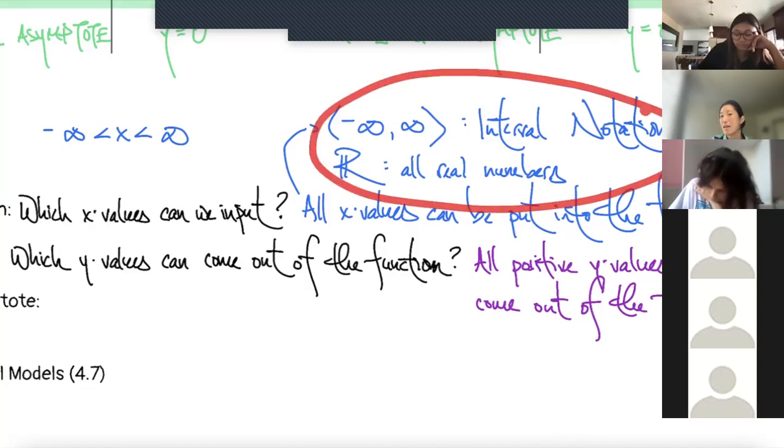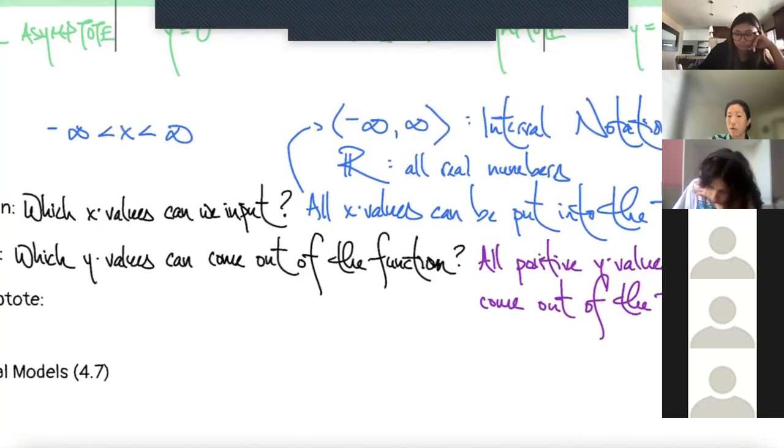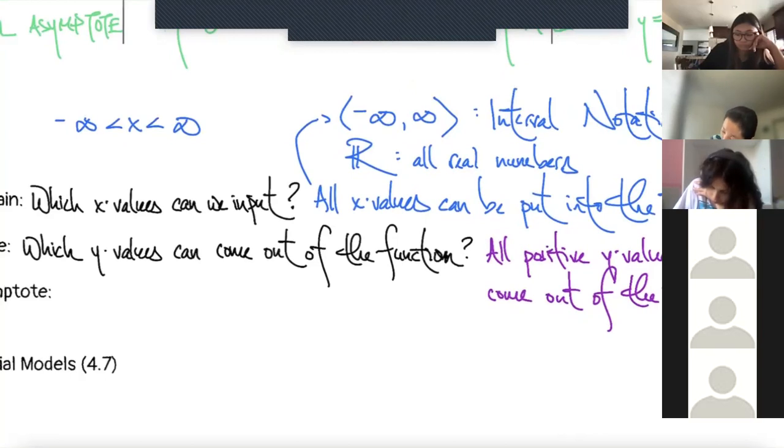How do we write that in interval notation? Okay, and so here's how we're going to write this. Instead of saying from negative infinity to positive infinity, we're going to say from 0 to infinity, right? From 0 to infinity. Now, are we including 0? I think we said earlier we're not including 0.